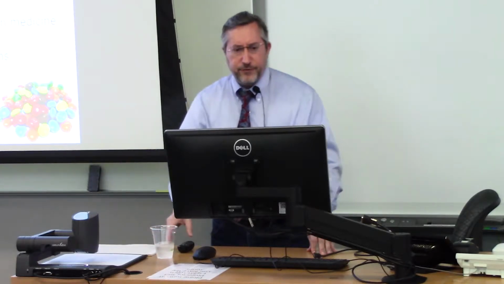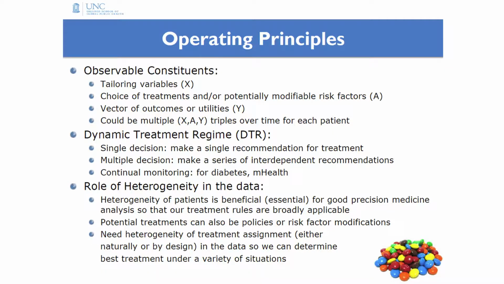The dynamic treatment regime is the algorithm that we're seeking to estimate that makes a recommendation for treatment. For the single decision case, we make a single recommendation based on treatment. For multiple decisions, we make a series of interdependent recommendations. And then continual monitoring is another possibility.